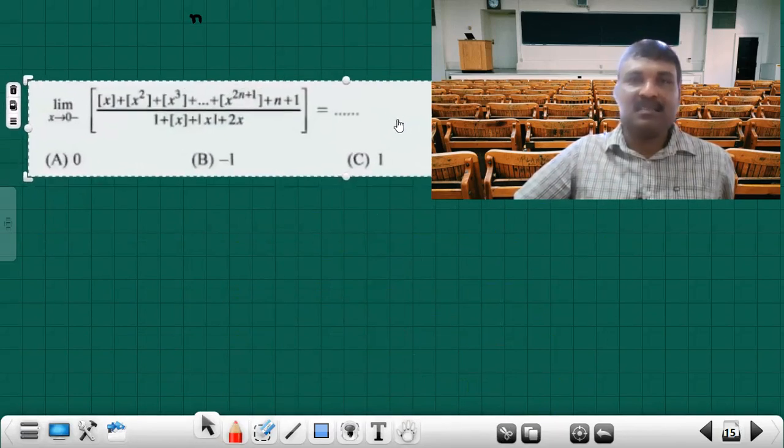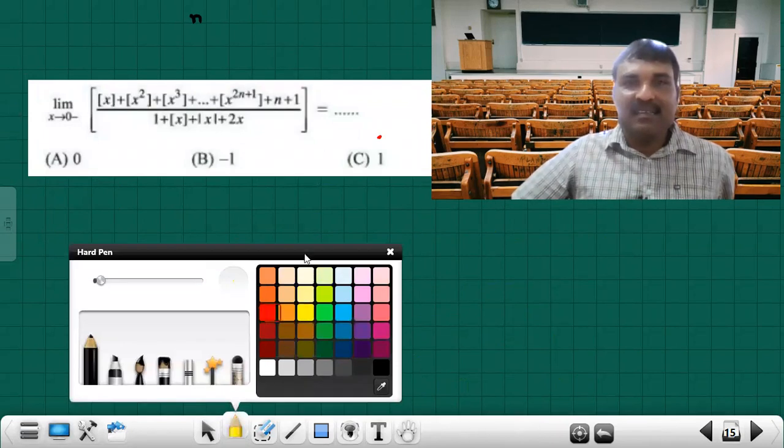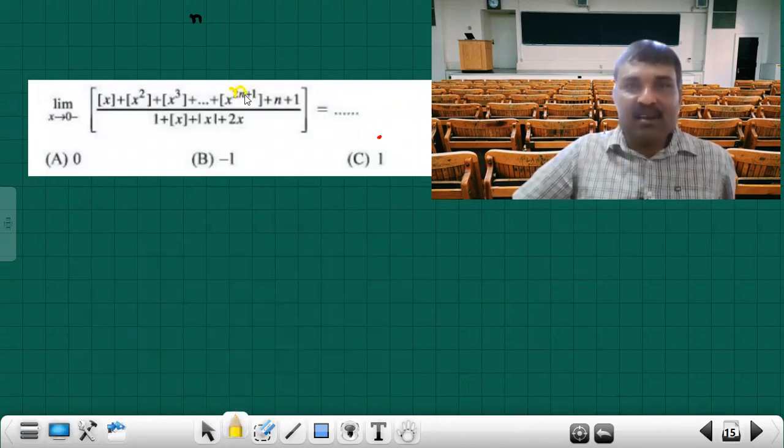In this problem, there is a small correction. Here, this is x raised to n plus 1.